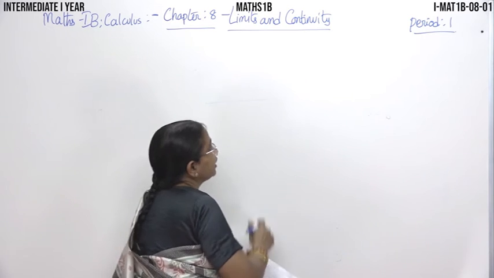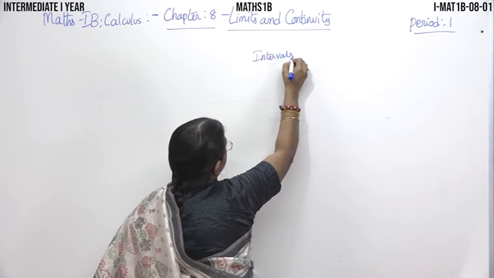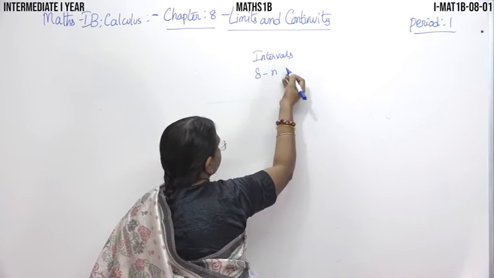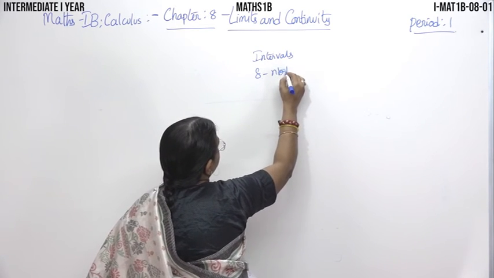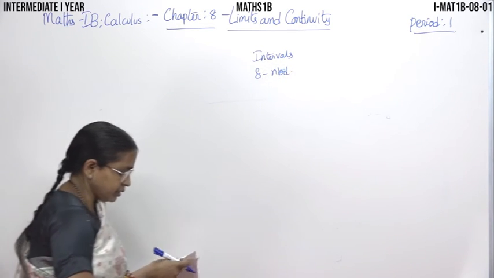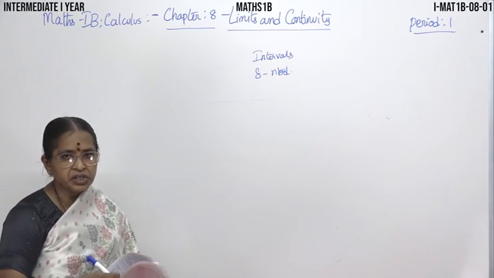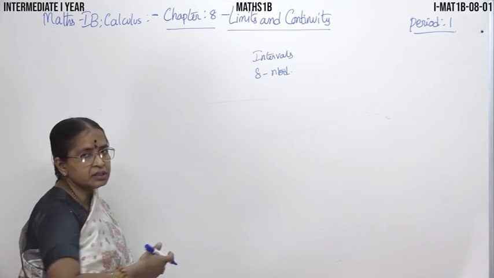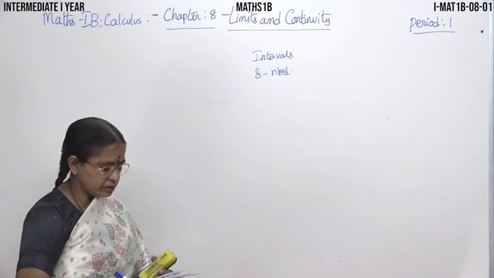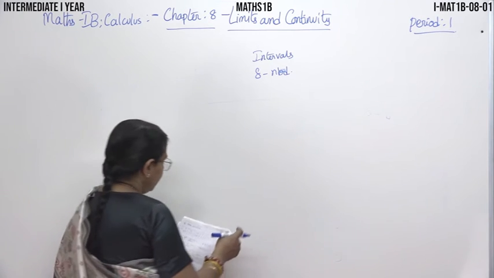We studied intervals, delta neighborhood, deleted neighborhood, and different functions like the modulus function and step function with their properties, and then indeterminate forms. Now we'll come to the definition of limits.